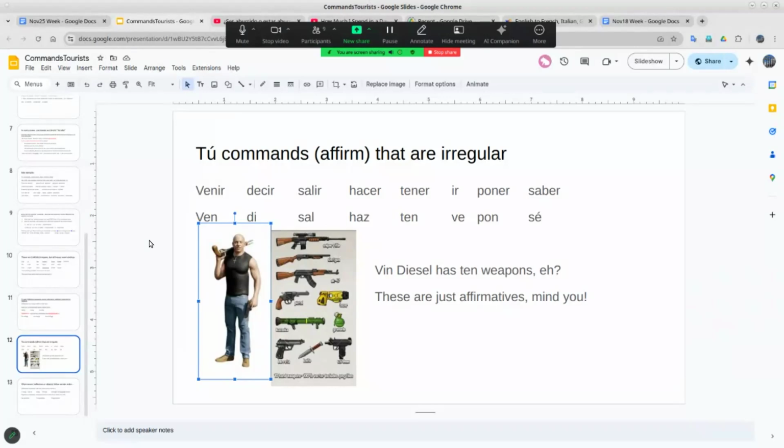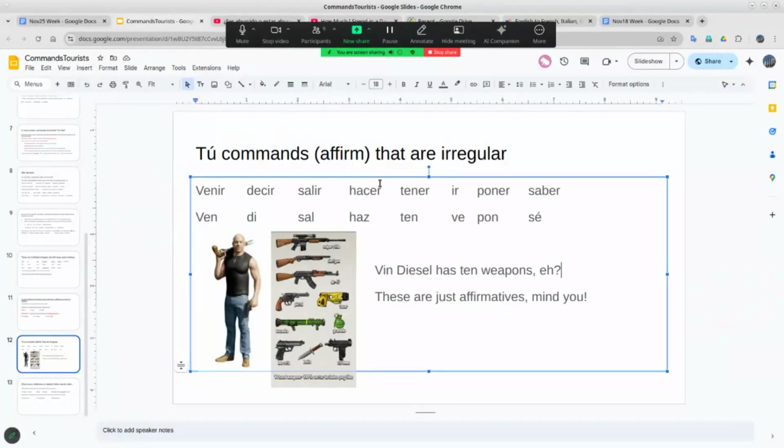No teenage boy forgot these because they loved Vin Diesel and they loved the idea of weapons because they're guys and they got the macho thing going. Okay. Vin Diesel has 10 weapons, eh? That's how we would tell people how to remember which commands in the go do it mode are irregular. Vin Diesel has 10 weapons, eh?